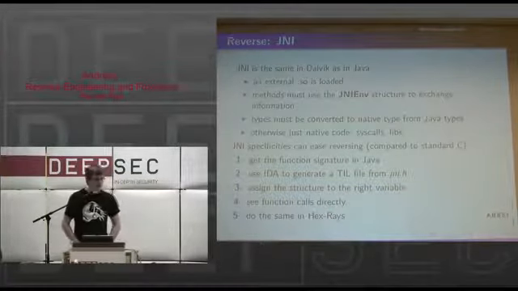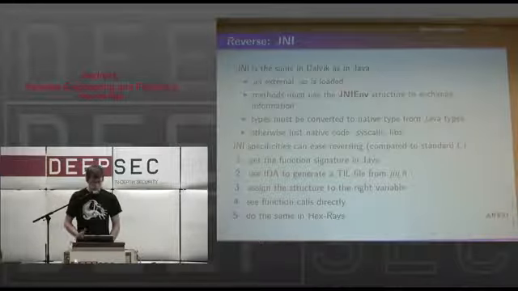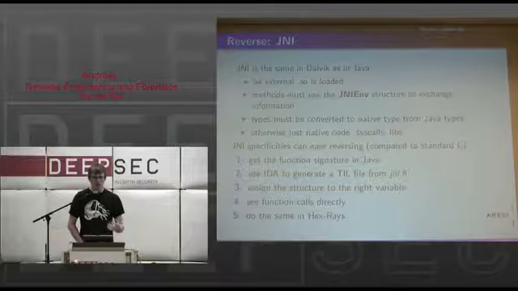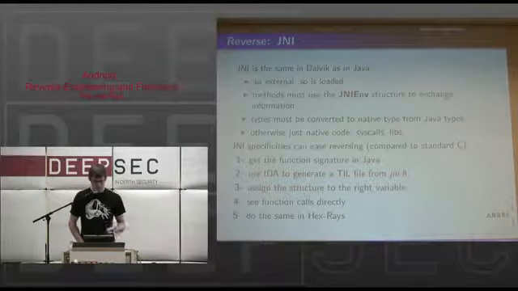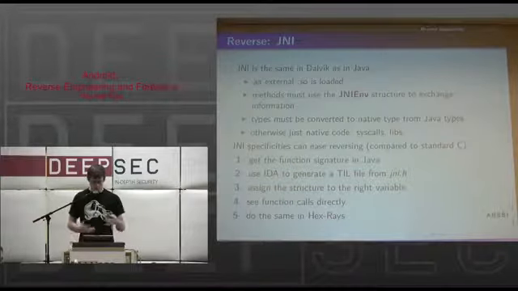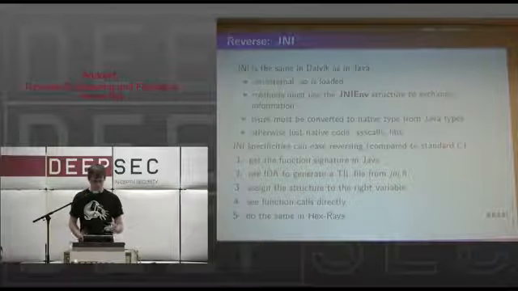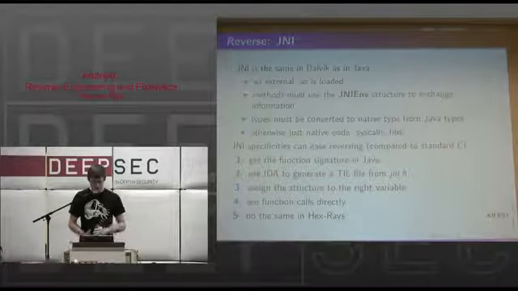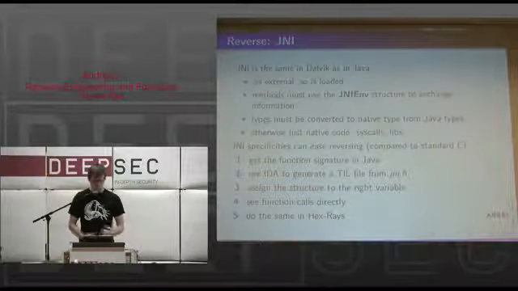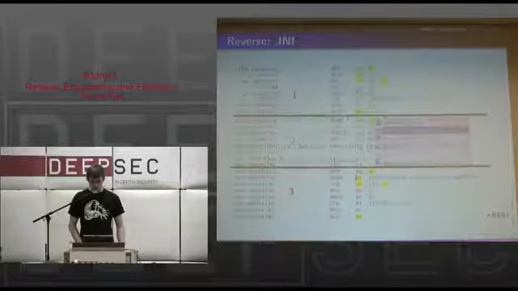But the specificities of the JNI environment can be used to ease reversing compared to standard C code. Because you have this specific variable, you can load the structure definition in IDA, and if you assign it to the right variable, you will see function calls directly. And you can do the same in Hex-Rays.